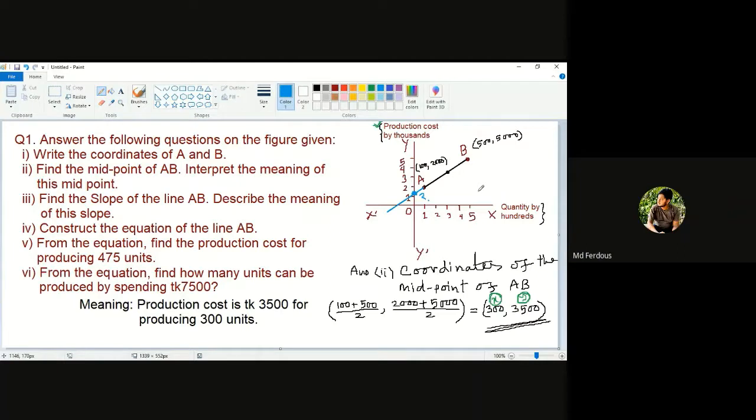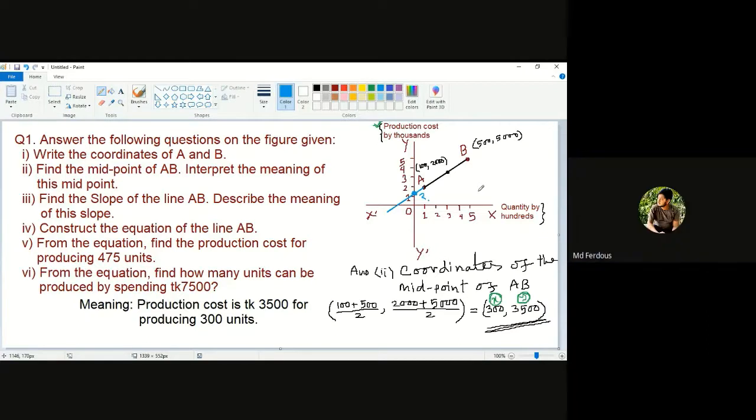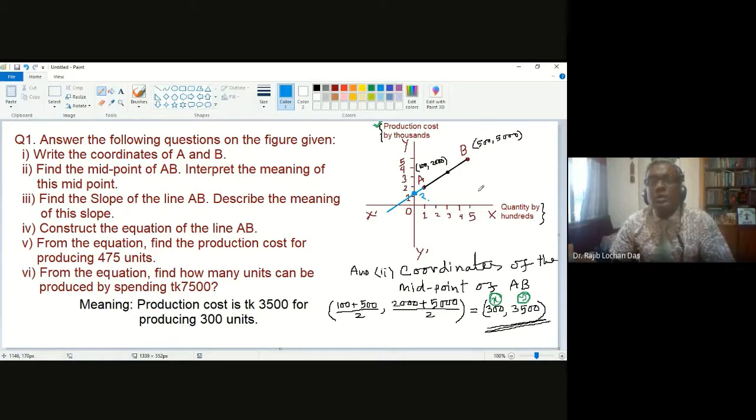X value is 0, and Y is maybe more than one, maybe 1.2 or 1.3, like 1.1. So this point will be 0, comma what?